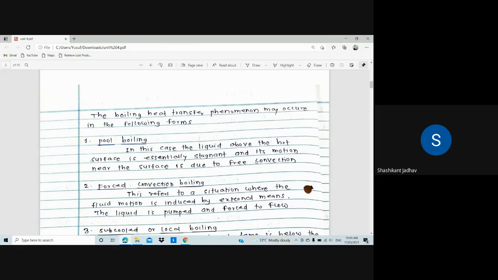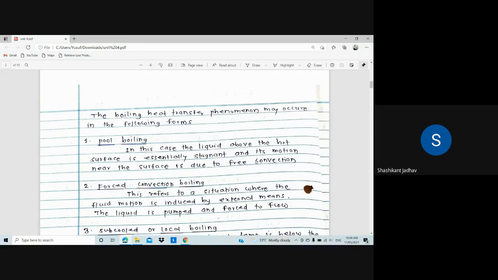Write down: the boiling heat transfer phenomenon may occur in the following forms.